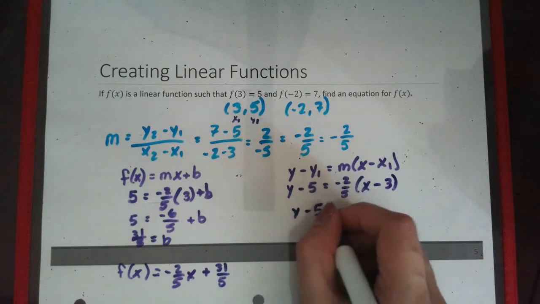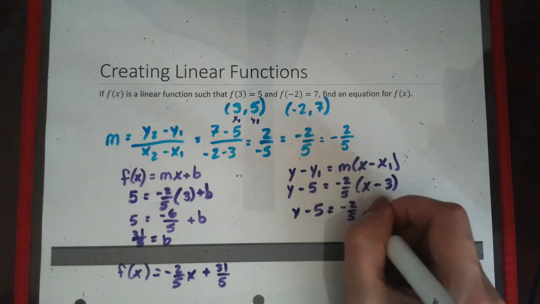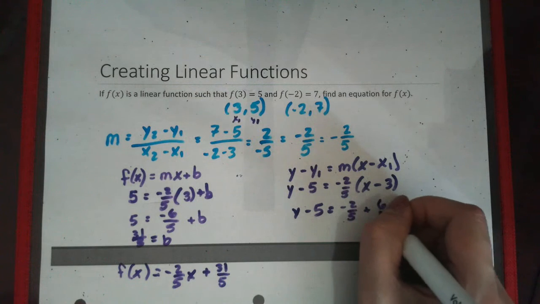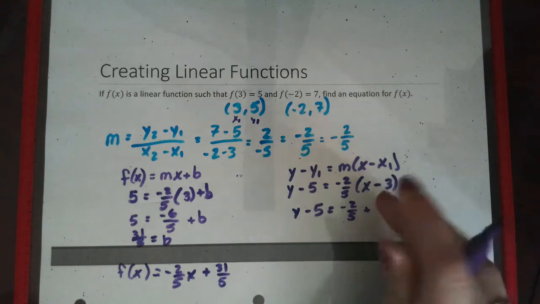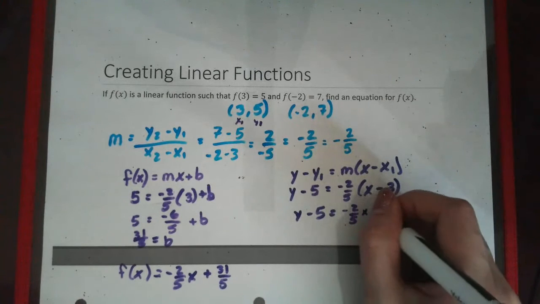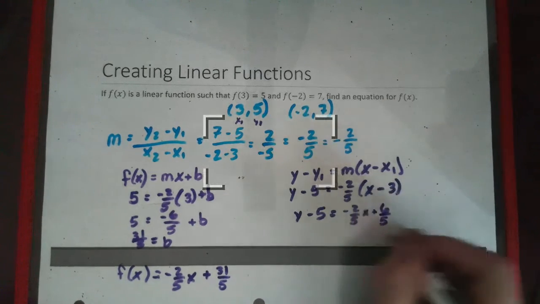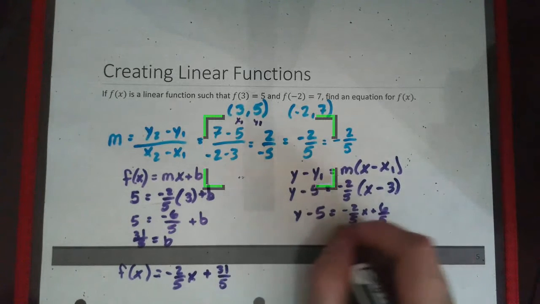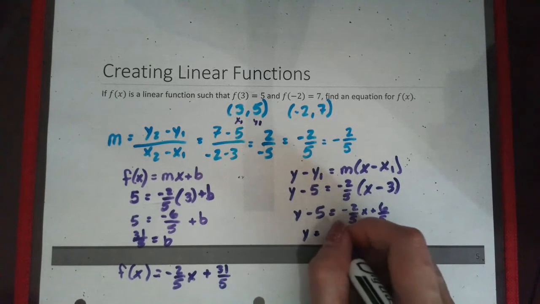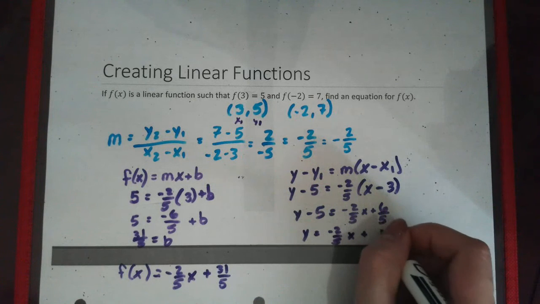That gives y minus 5 is equal to, I'm going to distribute through the parentheses, negative 2/5 x plus 6/5. And then if I add the 5 over, we get y is equal to negative 2/5 x plus 31/5.